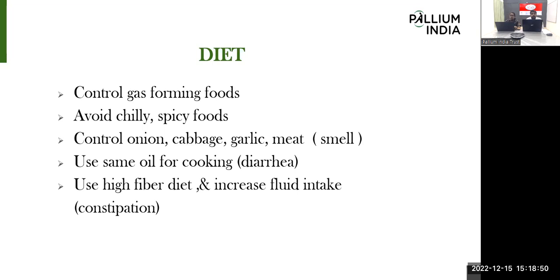So gas-forming food needs to be controlled or avoided. Then spicy and chili food they need to avoid, because it will disturb the normal bowel pattern, or cause bowel contractions in between. So the patient should take only bowel-friendly food, avoiding chili and spicy food. Onion and cabbage, like gas-forming food, should be avoided by the patient.